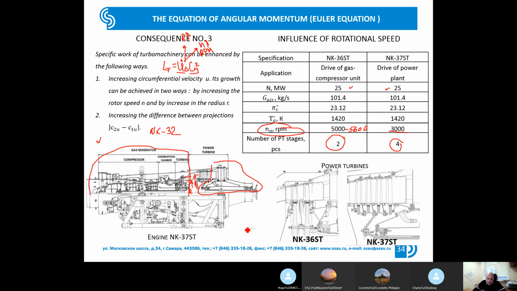For example, if you find the ground application of the Rolls-Royce RB211 engine, you will find approximately the same decision. It looks really the same. A small gas generator and a big diameter power turbine. So, okay, let's go further.